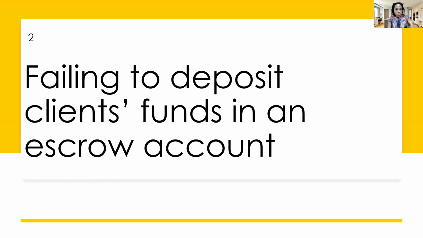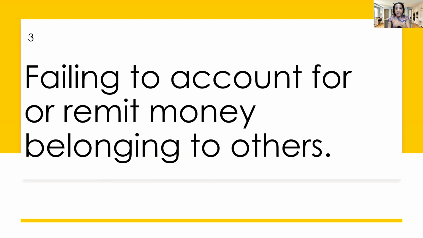And that takes us on to the next violation, which is failing to account for or remit money belonging to others. So we're supposed to be able to account for their money, and when we're required to return that money, it should be available because it's in its own separate account and not mixed in with our personal or business funds.